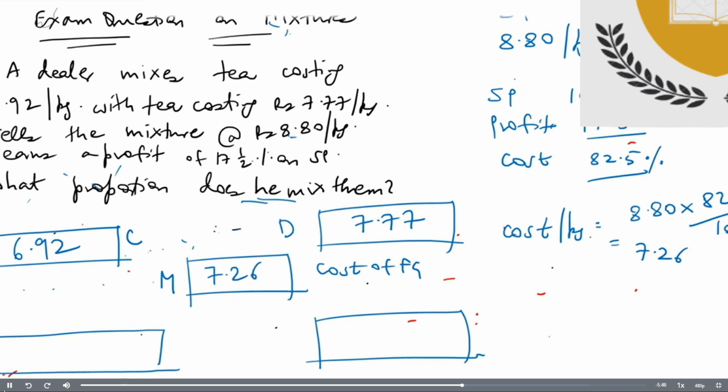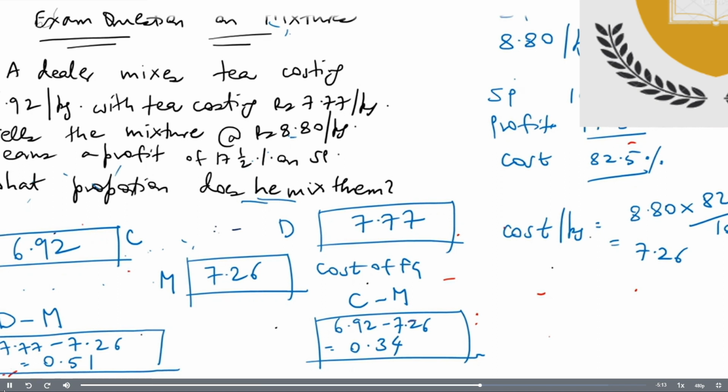Now the final leg of my calculation: in the left hand side box in the last row, I have to write D minus M. D is the dearer cost, 7.77, minus M, which we found out now, 7.26. It is 0.51. And here I need to write C minus M. C is 6.92, the cheaper one, minus 7.26, the cost of the final product, which is 0.34.